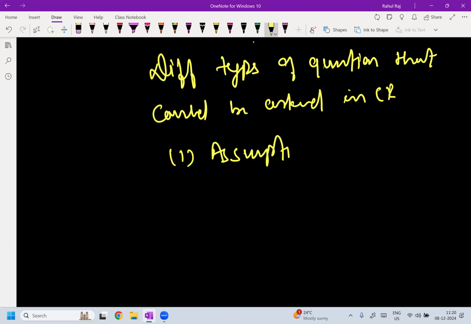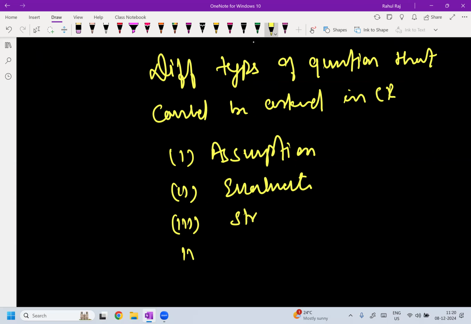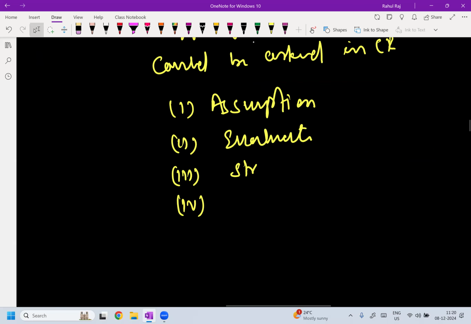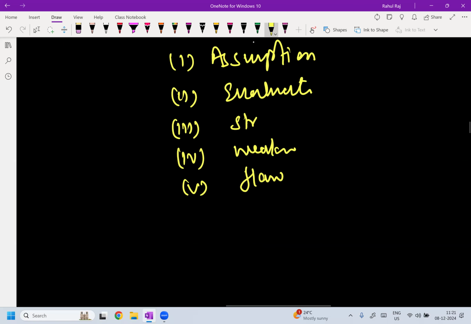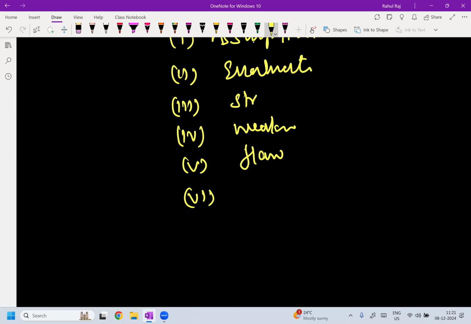Whatever we were doing till now was just to make you understand what critical reasoning is all about. Assumptions. Second is evaluate. Third is strengthen. Fourth is weaken. Fifth is flaw. Sixth is passage completion. These are the types of questions.